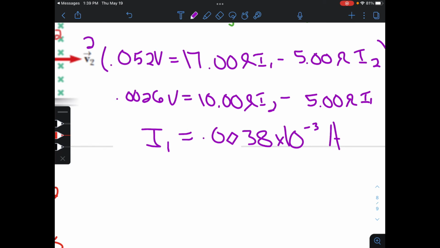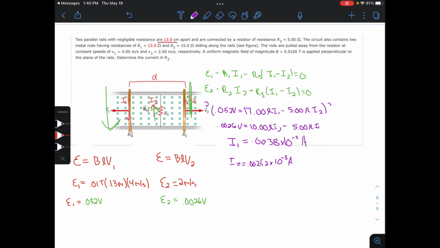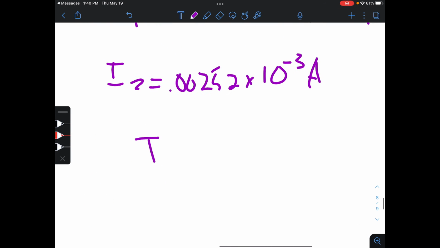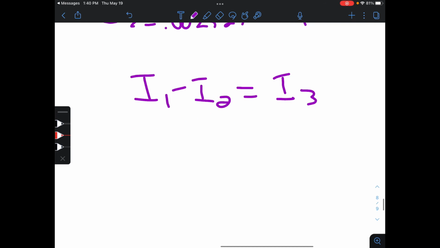And then using our equations above and just plugging back in I1, we'll get I2 is equal to 0.00252 times 10 to the negative 3 amps. Okay, and then using our junction, I believe I1 minus I2 has to equal I3, so then we can just plug in those values we already had. And then we get an I3 value of 132.